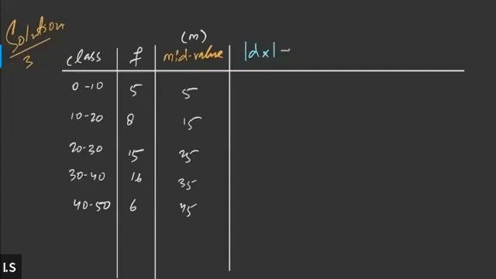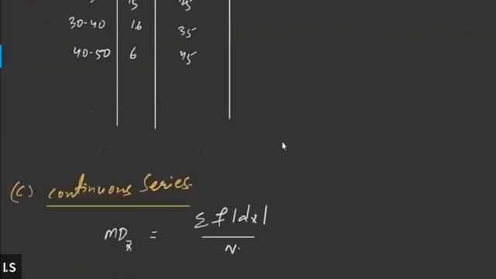As I told you, this time dx will be calculated by subtracting the mean value from the mid value. We already got the mid value, but we don't have the mean value in the question. So as usual, for finding the mean, we will need to prepare a working note. So I'm preparing a working note here.